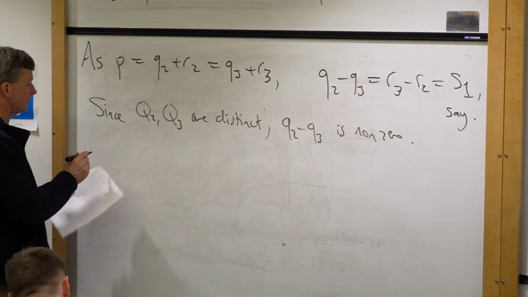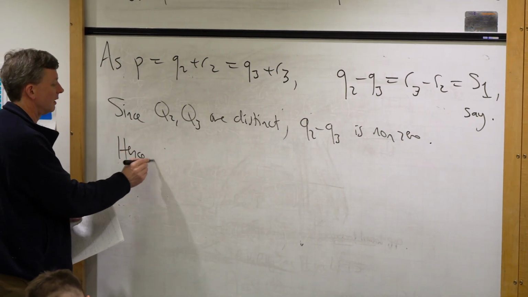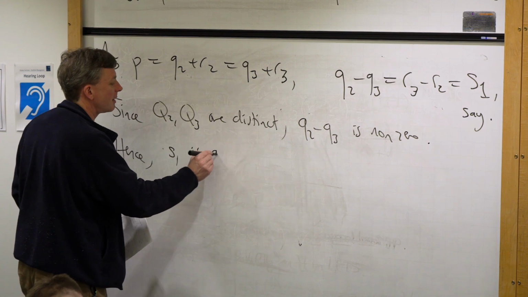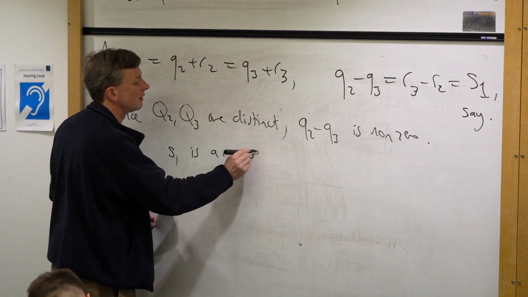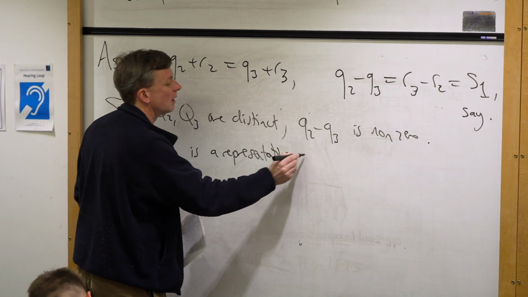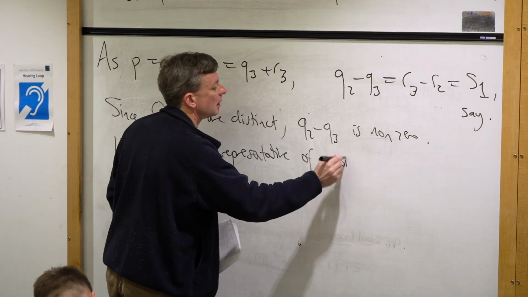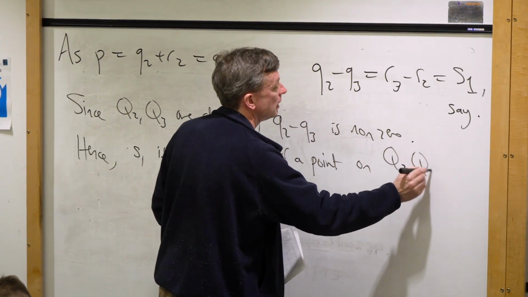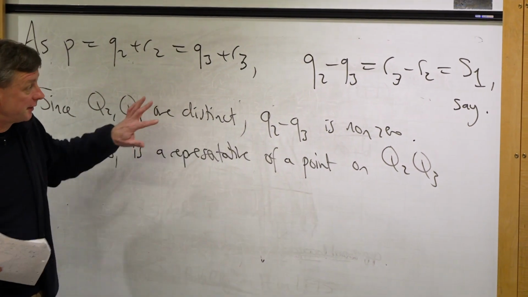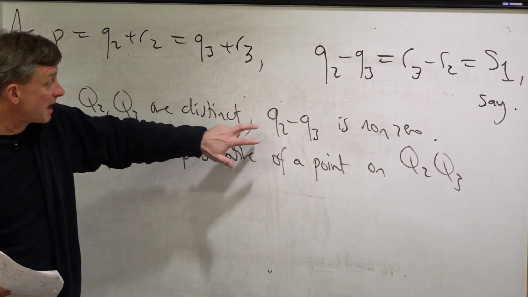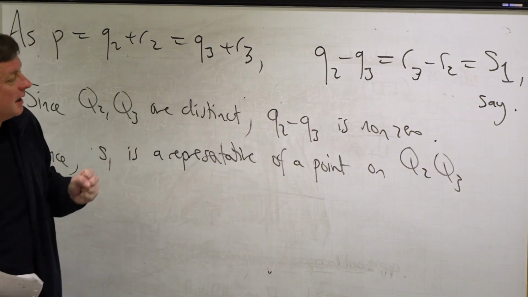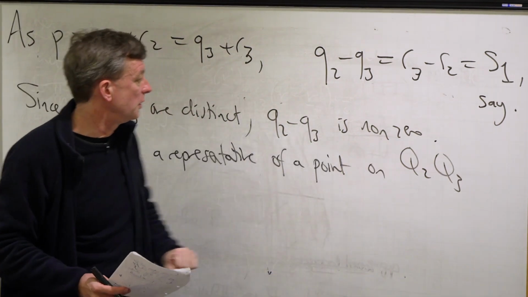So hence little s1 is a representative of a point on the line Q2, Q3, because it lies in the two-dimensional vector subspace spanned by q2 and q3, and the projective line of that is the line Q2, Q3.